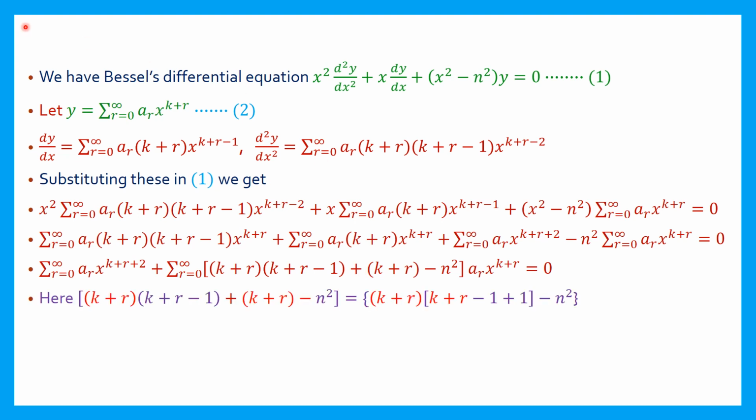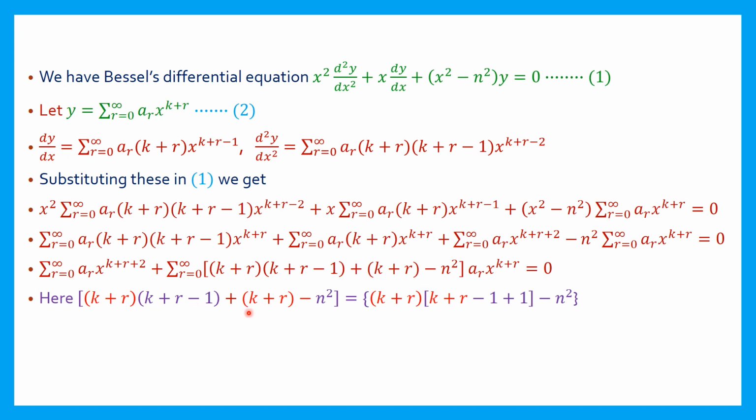Taking k plus r outside, the remaining is k plus r minus 1 plus 1, because if you take k plus r outside, here only 1 remains.